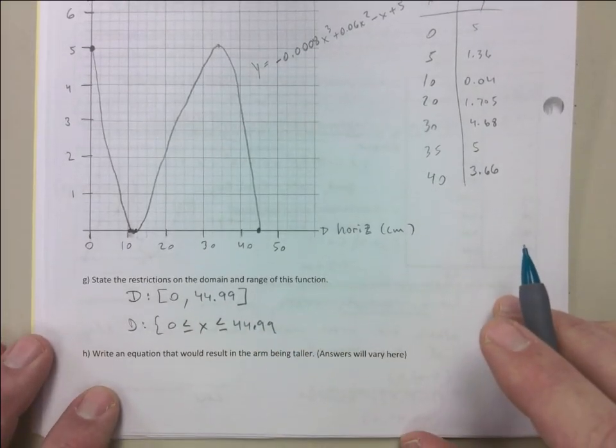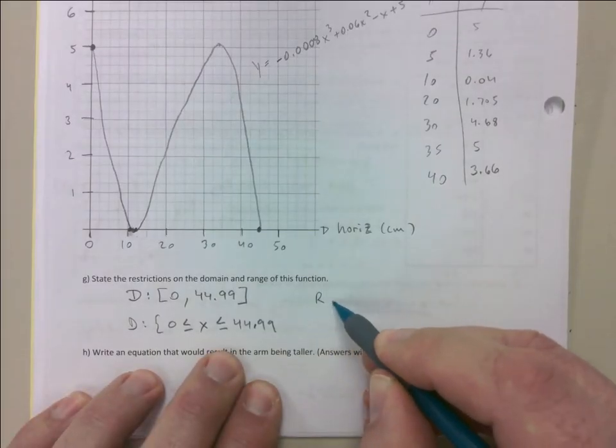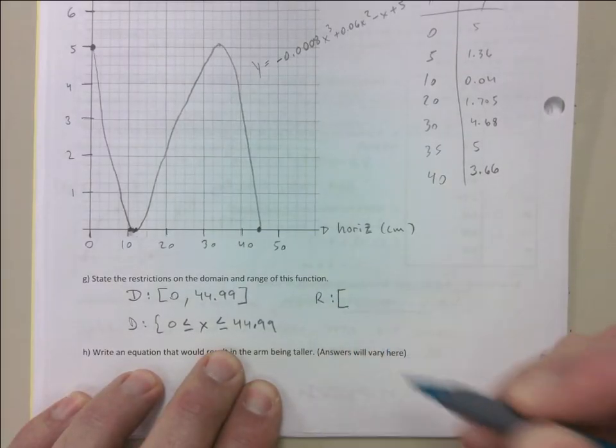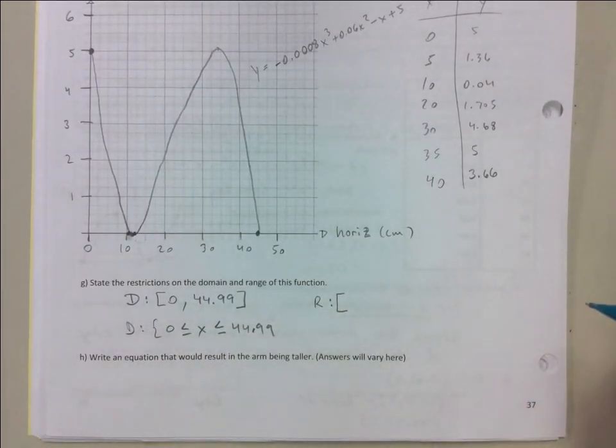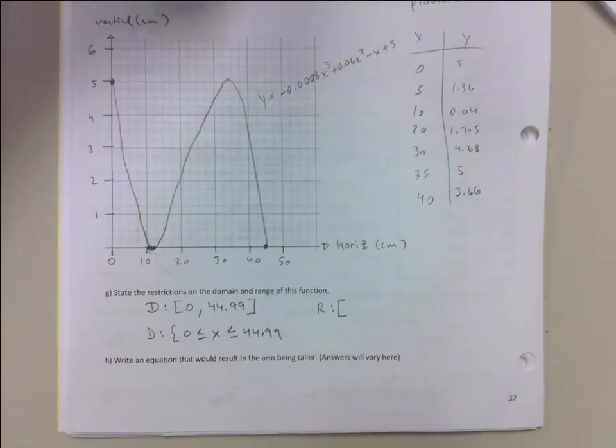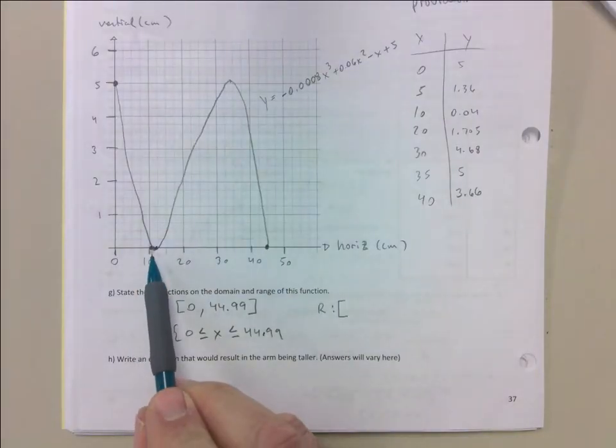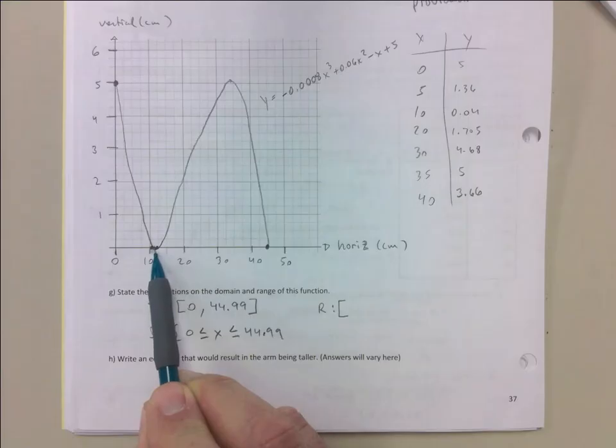That's your domain. For the range, it's a bit controversial here. The range is a little bit controversial because we do dip below just a little bit here. So technically we need to include that negative value here.